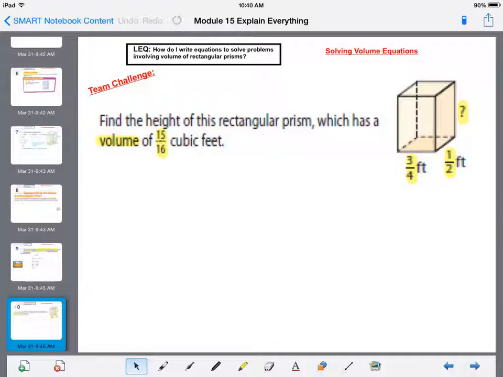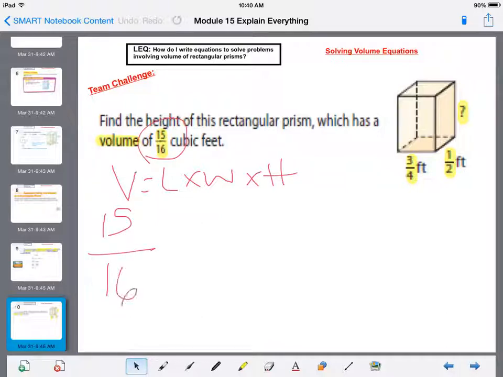We have a length of 3/4 feet, a width of 1/2 feet, and then our job is to find the height. So let's start with the formula. Volume equals length times width times height. We are given the volume of 15/16 equals length is 3/4 times width is 1/2. Our job is to come up with the height.